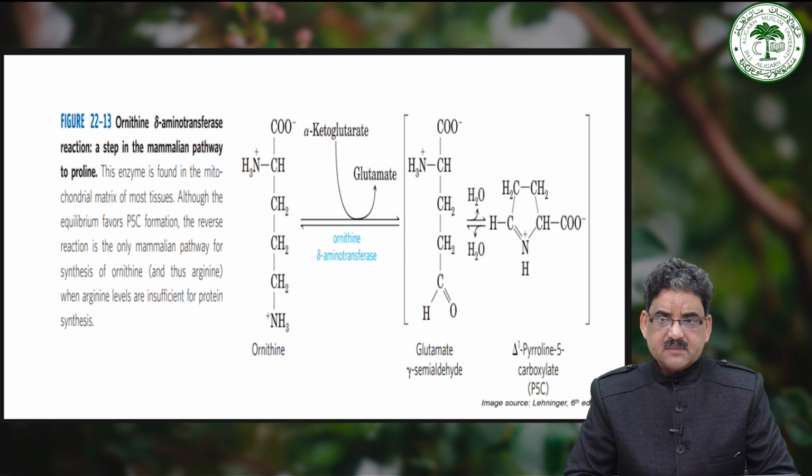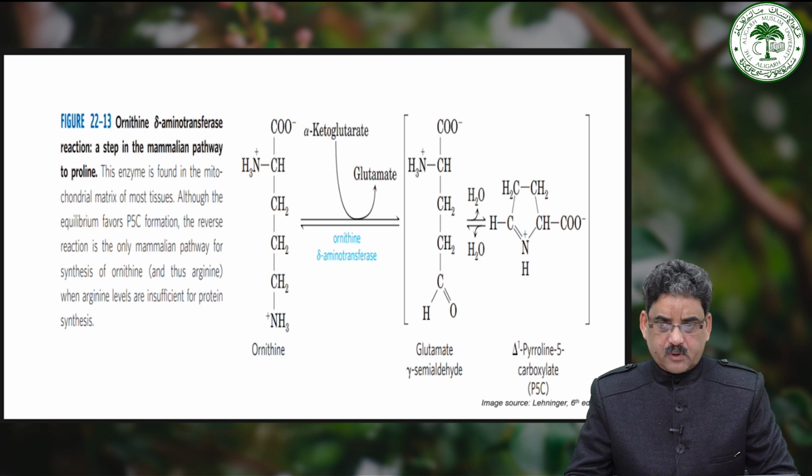Unlike some organisms, mammals lack the pathway which has been illustrated in this figure for arginine synthesis. In situations where dietary arginine or protein turnover fails to provide sufficient arginine for protein synthesis, the ornithine alpha aminotransferase reaction operates in the reverse direction, leading to ornithine formation.